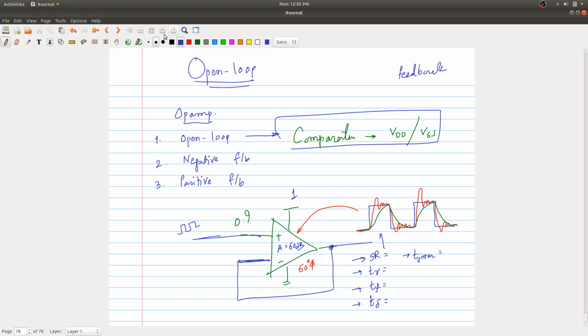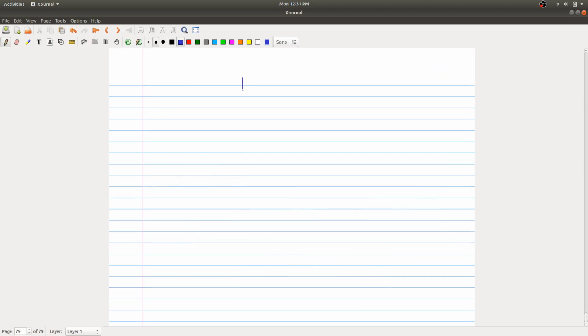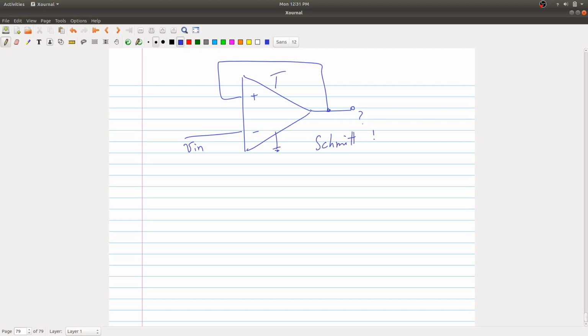Now there might be one more case where I'm connecting this way. Then what is the output, by the way? This kind of circuit is known as a Schmitt trigger, and this says that the Schmitt trigger is going to oscillate always.